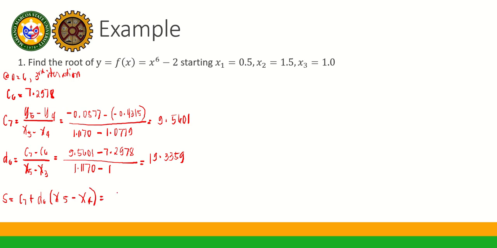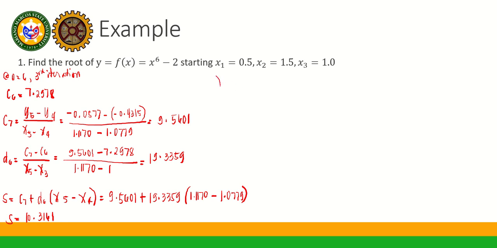And plugging in the values, we have 9.5601 plus 19.3359 multiplied by our x sub 5, that is 1.1170, minus x sub 4 natin is 1.0779. And we have a value of S equal to 10.3161. So it is again positive. So yung susundin natin na value for our denominator will be also positive.